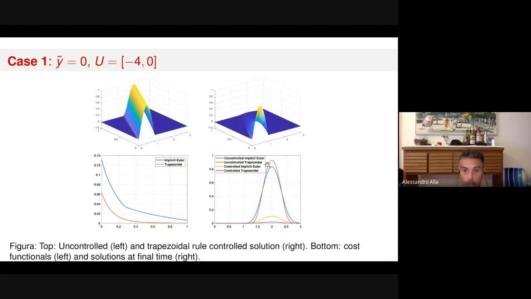So here you see that the second order method is higher than the first order method, both for the uncontrolled case. But then when going to the control problem, we see that the second order method is lower than the first order method. Of course, it's clear that both are working. They are going to zero, but as expected, the second order method is better.